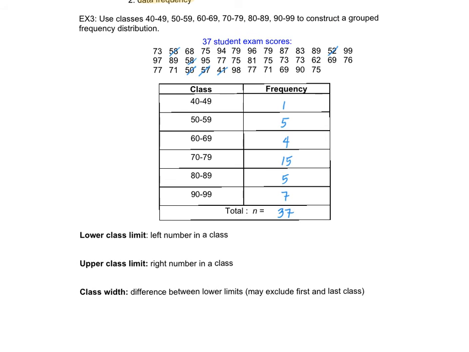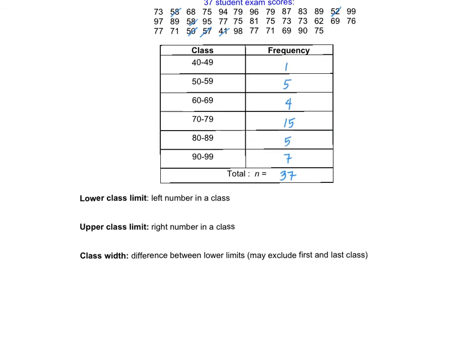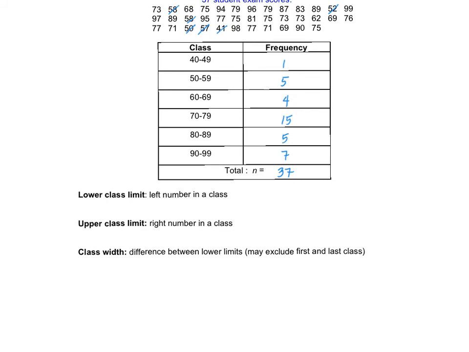So let's look back at this grouped frequency distribution. Here we're going to ignore the first and the last classes because those can be a little bit off. For example, if these were really representative of exam scores, maybe instead of going to 99, I would go to 100. It's possible to get 100% on the exam. Maybe I wouldn't start at 40, maybe I would start at 0. So typically we would ignore the first and the last class and then have all the other classes a uniform width apart.